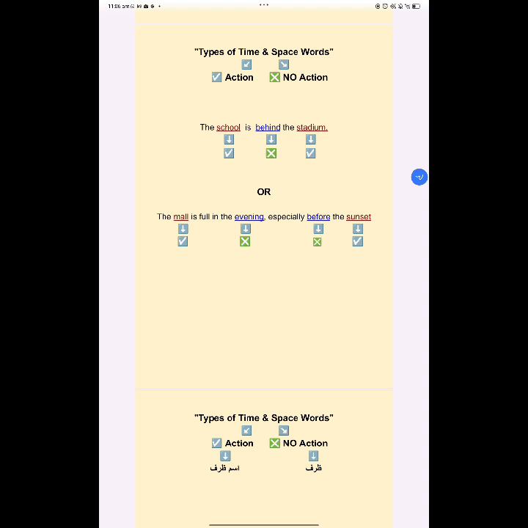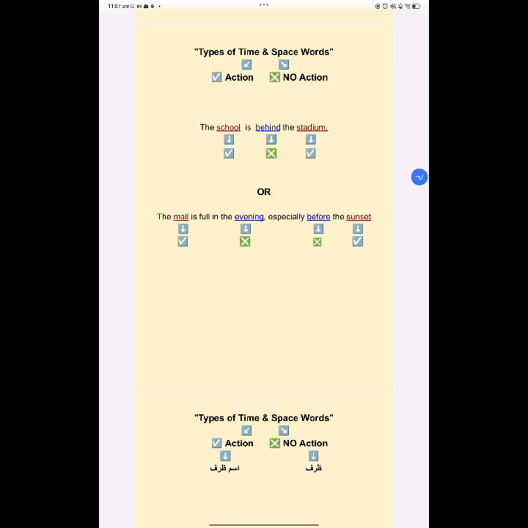However, just on its own, does this word give you any kind of action that is associated with it? No, right? Similarly, the word stadium, it is also a zarf makan, right? Why? Because it is the name of a place, or simply it's the place.